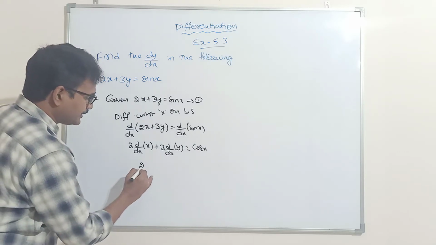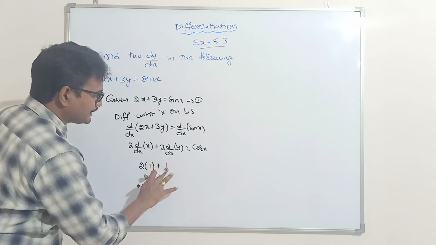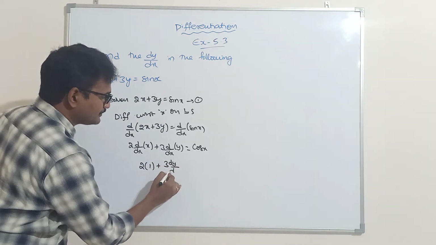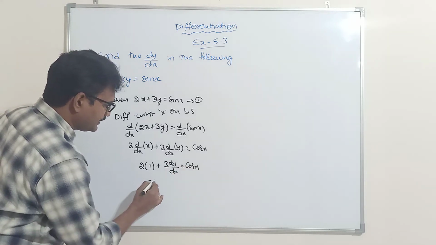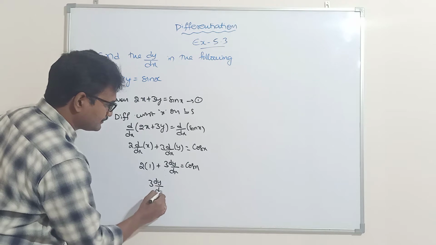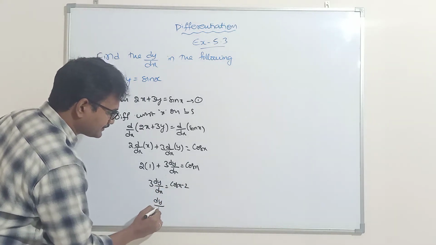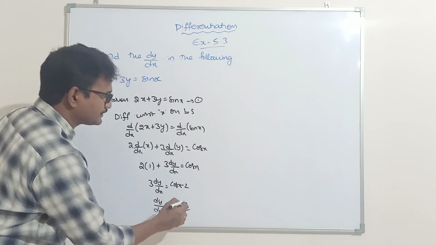So 2 into derivative of x, which is 1, plus 3 dy by dx is equal to cos x. So 3 dy by dx is equal to cos x minus 2, and dy by dx is equal to (cos x minus 2) by 3.